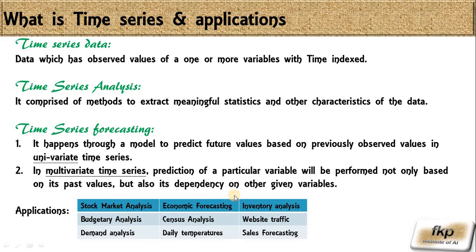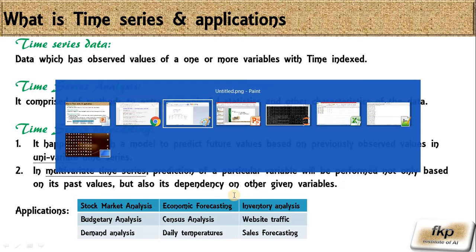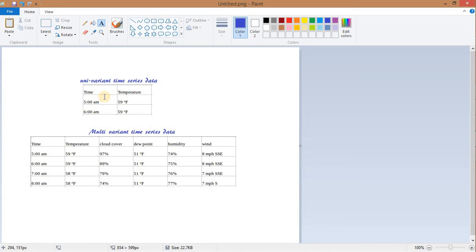Time series has two types: one is univariate time series, the second one is multivariate time series. In univariate time series, we will have one variable, and that is time indexed. Let me show you here: the temperature is observed at these particular time intervals.